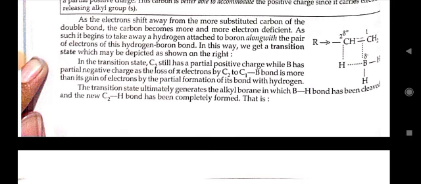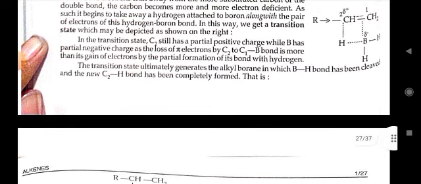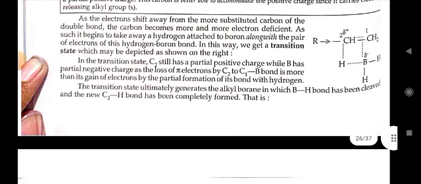In this way, we get a transition state which may be depicted as shown on the right. In the transition state, C2 still has a partial positive charge while B has a partial negative charge, as the loss of pi electrons by the C2-C1-B bond is more than its gain of electrons by the partial formation of its bond with hydrogen.